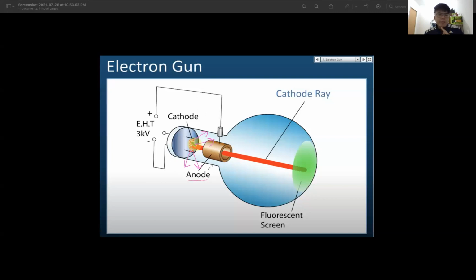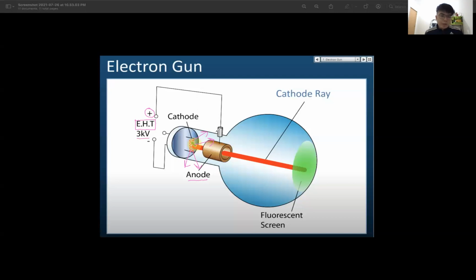You see this anode is connected to positive charge and to very, very high voltage. This EHT, EHT 是什么来的? EHT 是 extra high tension, meaning extra high voltage. And the voltage is about a few thousand volt, 3K to 4K or above.